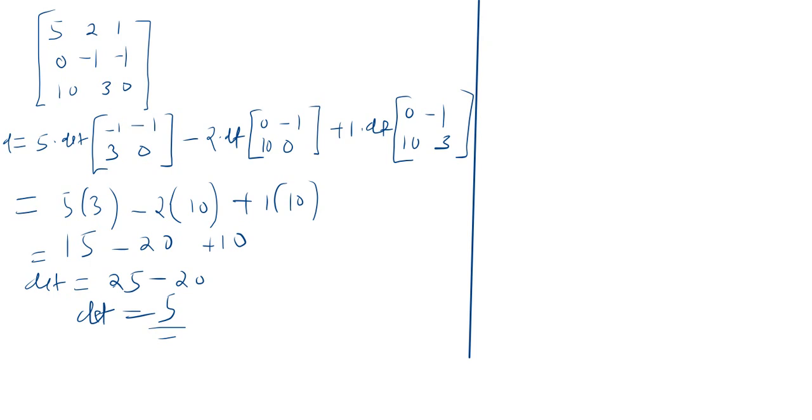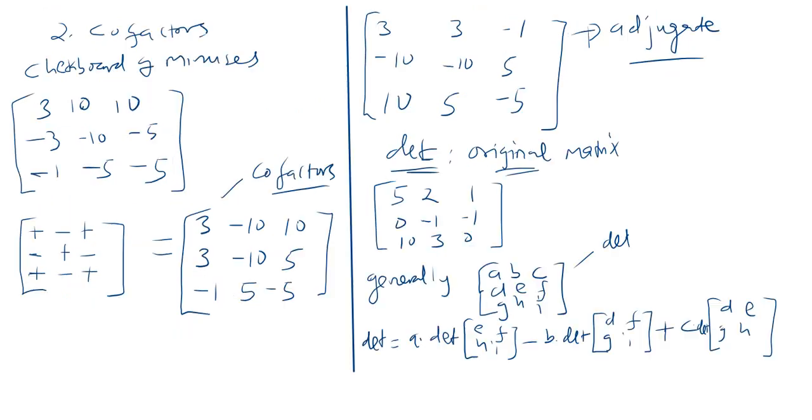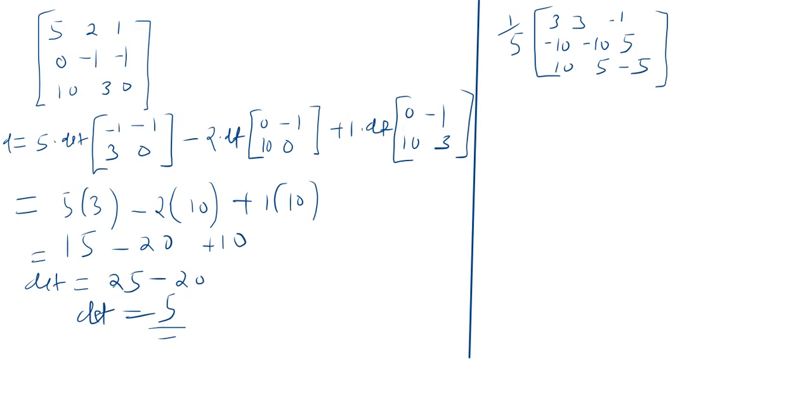So we have 1 over 5 times the matrix 3, -1, -10, -10, 5, 10, 5, -5, which is our matrix, this one. 1 over 5 is a scalar, so we multiply it with every element in the matrix.